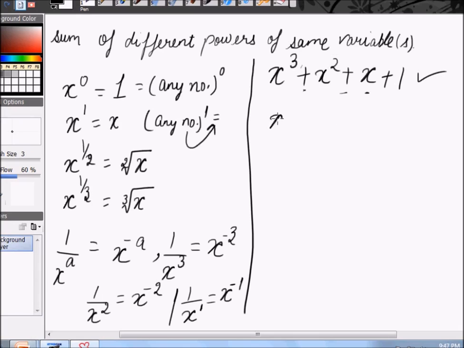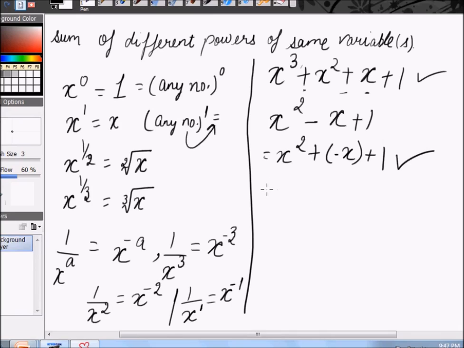Let us have another example: x square minus x plus 1. Clearly, it can be rewritten as x square plus minus of x plus 1. Therefore, here again is a variable, and the sum of different powers of the variable. Therefore, it is also a polynomial.